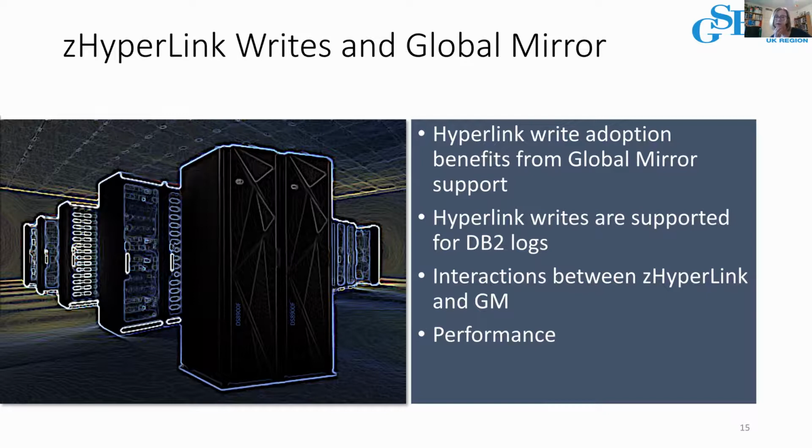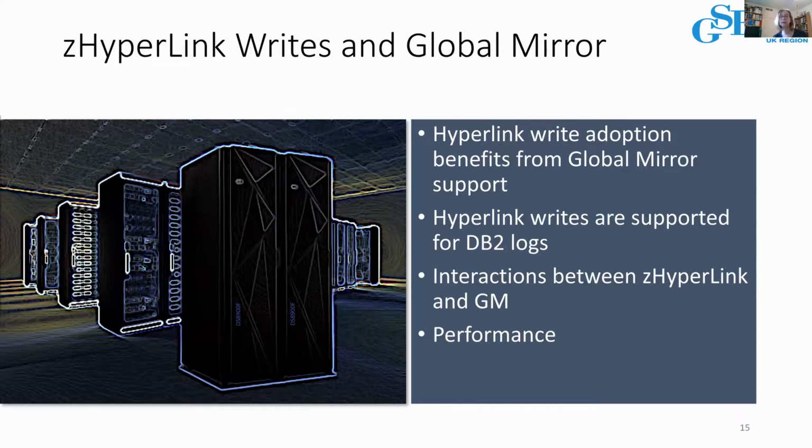We found that with the interactions with Hyperlink and Global Mirror, from both perspectives of write response time and Global Mirror consistency group formation or RPO time, when you're doing Global Mirror, you have this consistency group coordination time that's going to interact with Hyperlink.